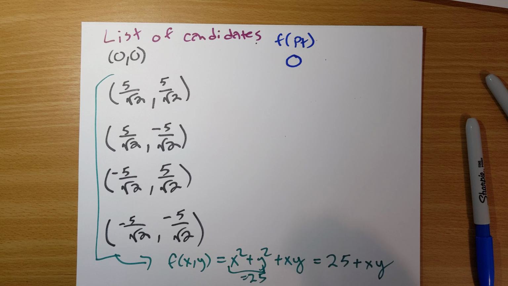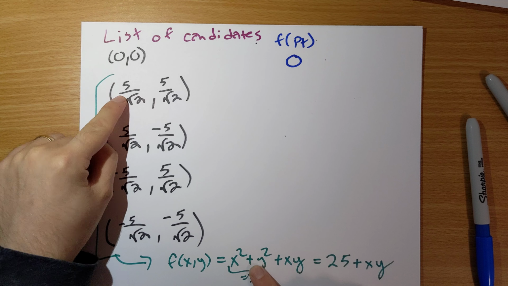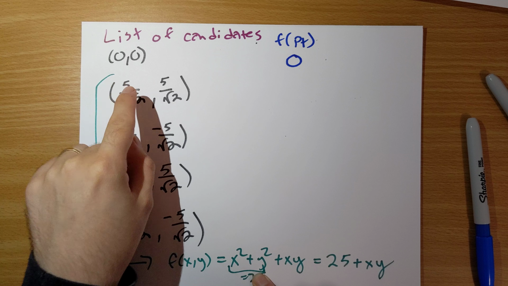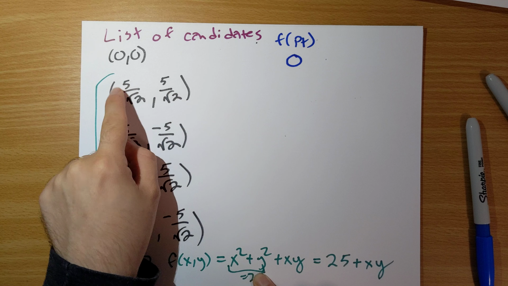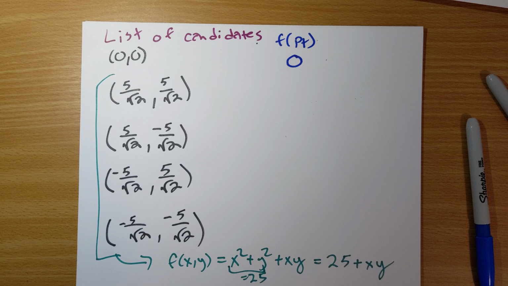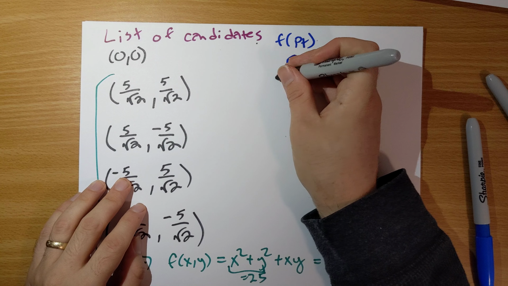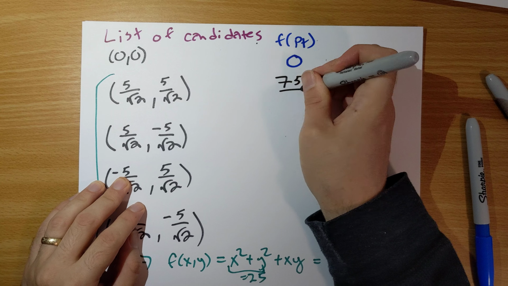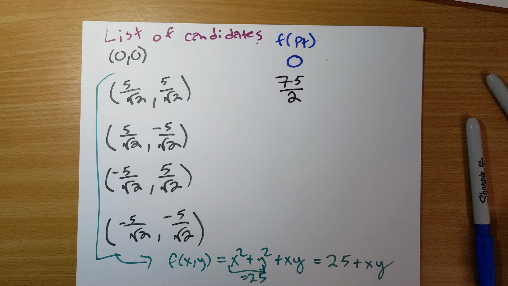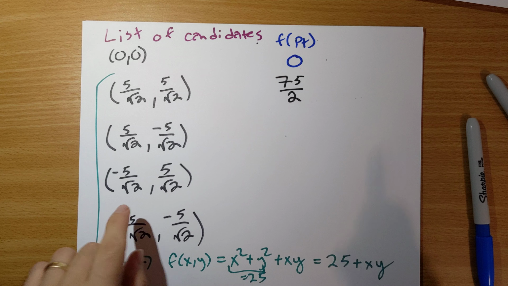Okay, so what's going on here? We get, for this point, 25 plus x times y, and this will be 25 over 2. And all of that simplifies to 75 over 2. Of course, you can definitely check this yourself to make sure I'm doing this right.